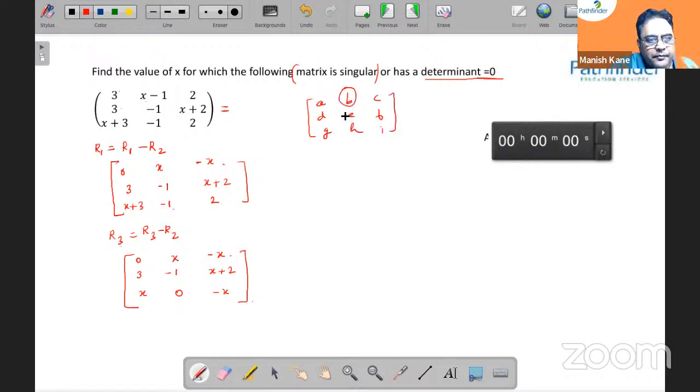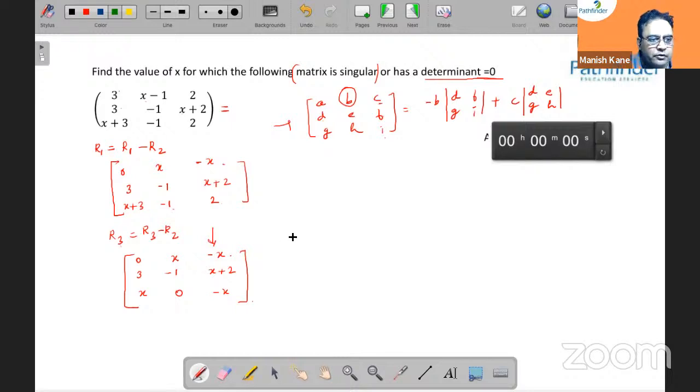Minus of B into the minor corresponding to B plus C into the minor corresponding to C. So minus of B into what is the minor? D, G, F, and I, plus C multiplied by D, E, G, H. So all I need to do is this operation on this matrix.